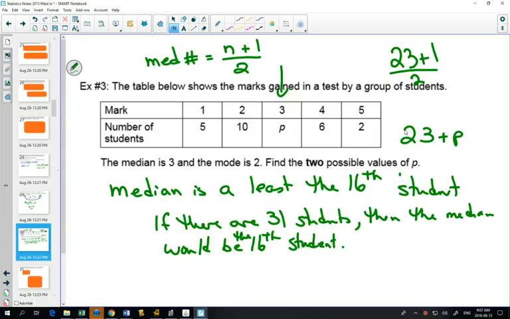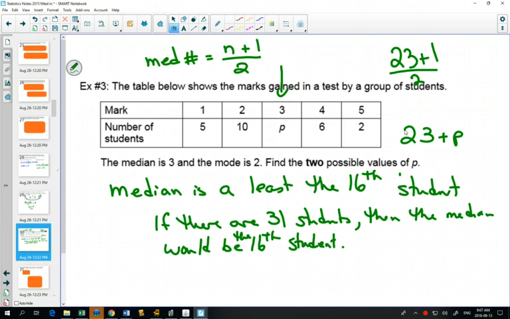If there are 31 students, then the median would be the 16th student. Okay? And so we need to have at least 31 students.